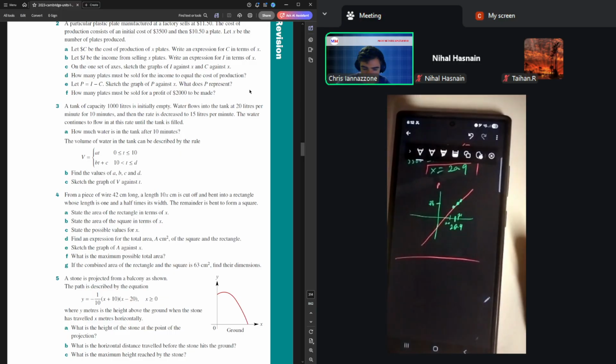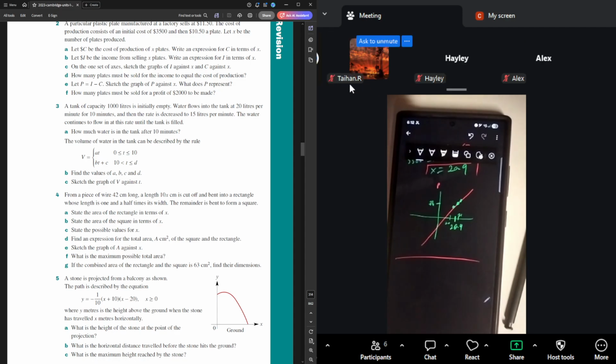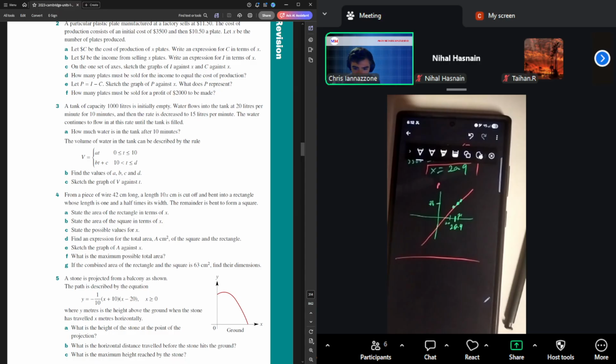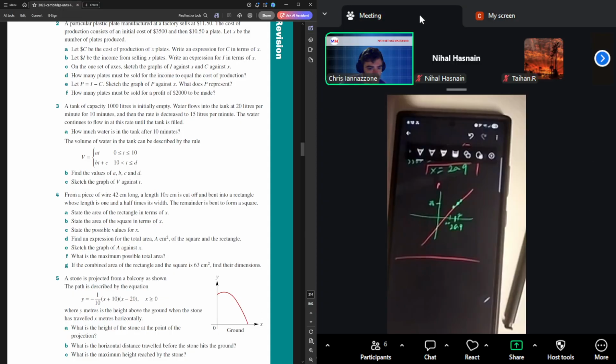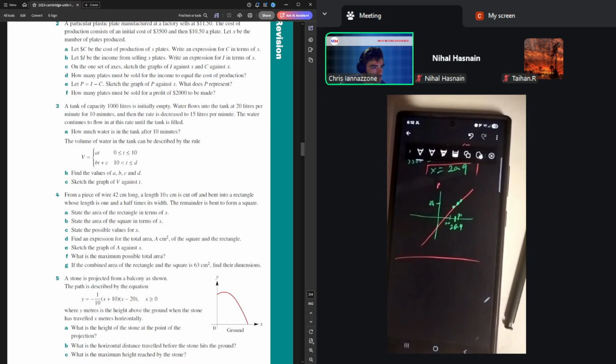That one shouldn't be too bad, at least initially. How much water is in the tank after 10 minutes?